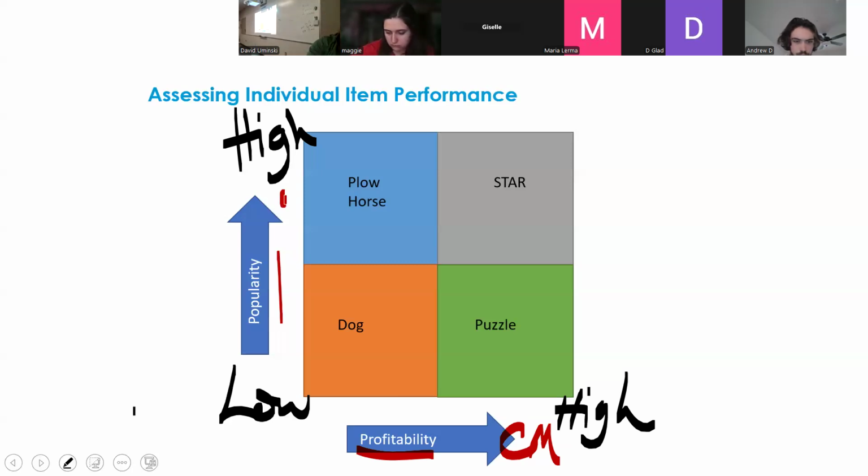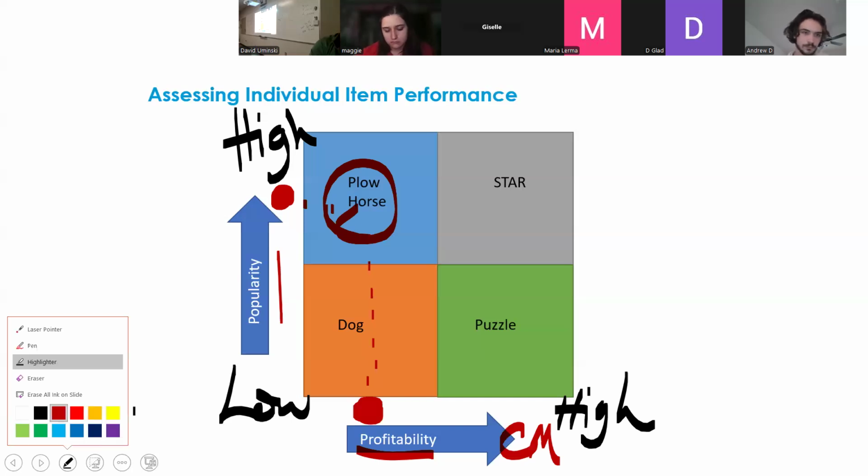If we say something has a high popularity, but it has a low contribution margin, these 2 lines come together at the plow horse. Okay.